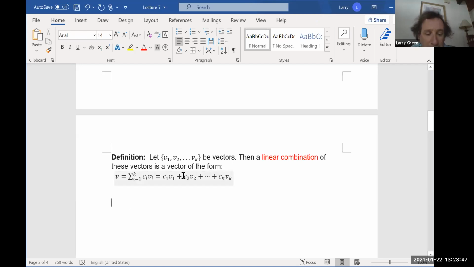Okay, so for example, let's suppose that V equals, how about (2, 1, 3)? And let's say W is equal to (4, 0, 1). So is (0, 1, 2) a linear combination of V and W?